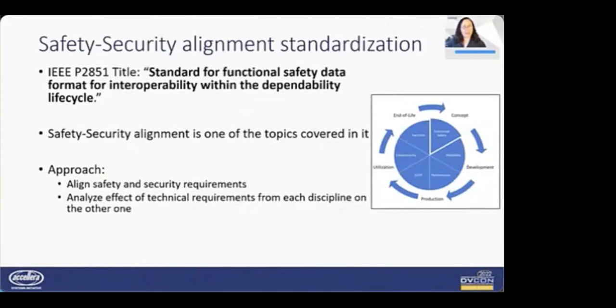The safety-security alignment is one of the topics covered in this standard. Basically, the approach is to align safety and security requirements during the architectural phase and analyze the effect of the technical requirements from each discipline on the other one. Based on that, requirements may change, may be enhanced, or may be completely removed.